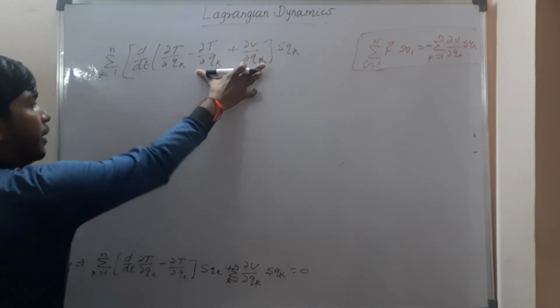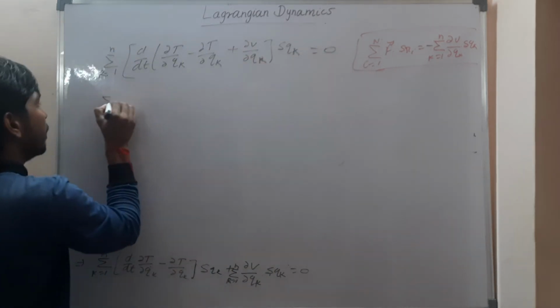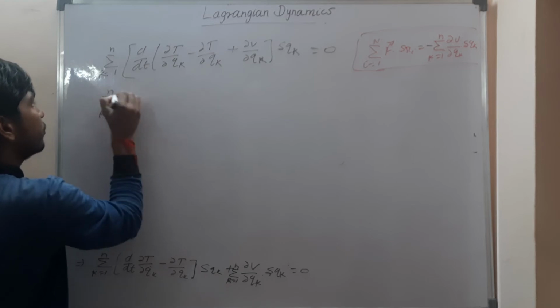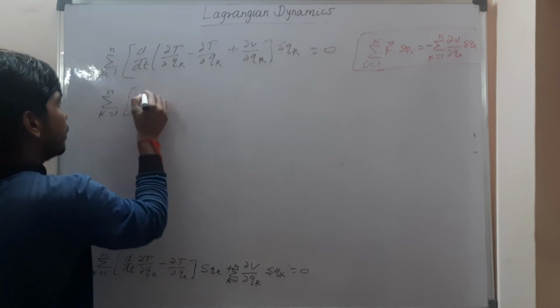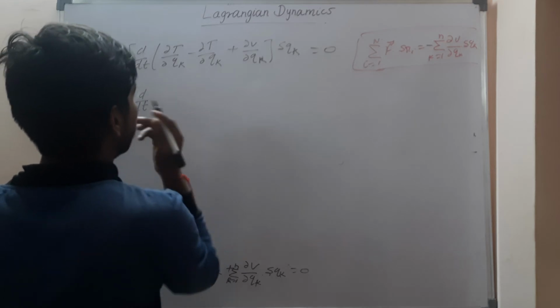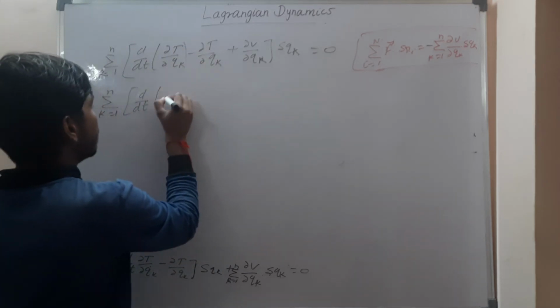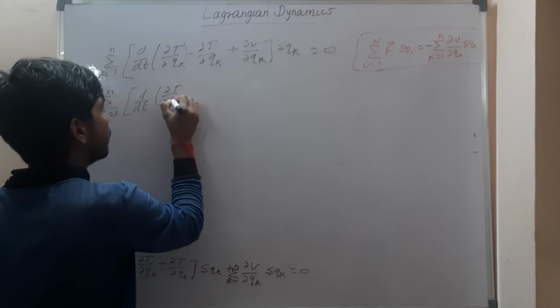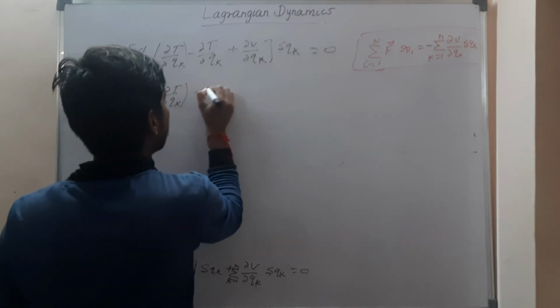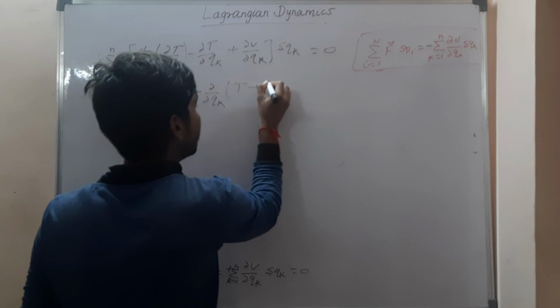Now let me write it combinedly, and I can is equal to 0. So it will be sum k is equal to 1 to n, d by dt, and it will become dou T by dou qk dot minus dou by dou qk, same T minus V I can write.